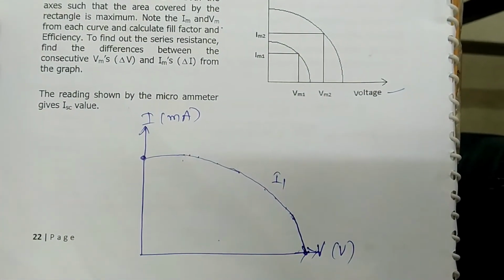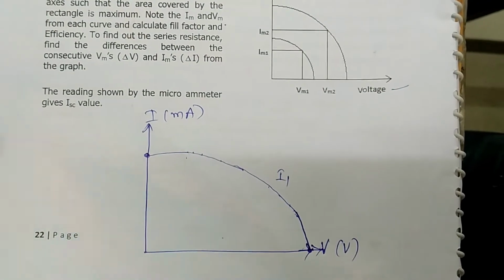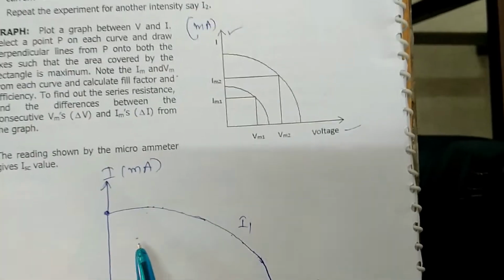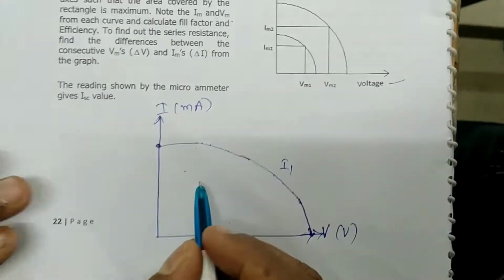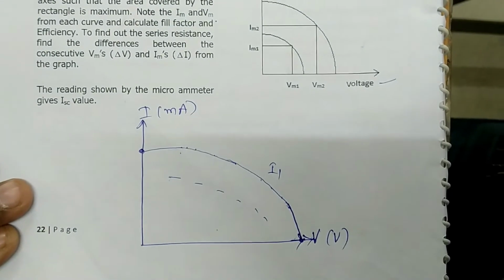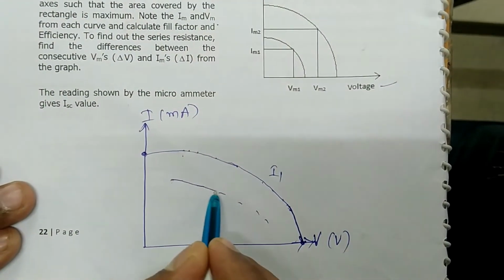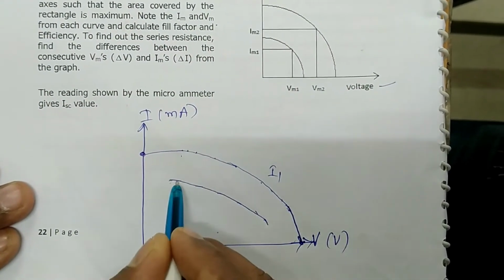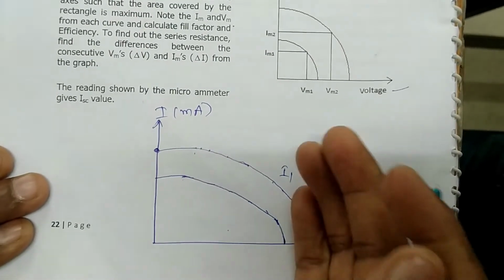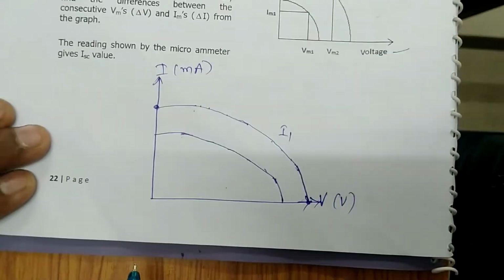For the next intensity, we have moved away, that means distance increased, hence the current decreased. Thereby, I'll get the second curve something like this, some points. And after getting the points, you join the points and extrapolate them. Actually, you can draw these values like this.